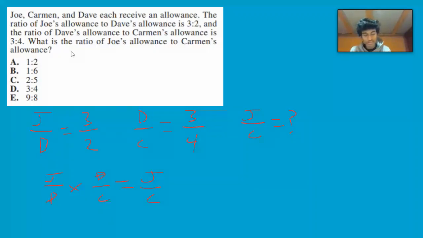So all we need to do to find J over C is take J over D, which is 3/2, times D over C, which is 3/4. We get an answer of 9/8. So therefore, the ratio of Joe's allowance to Carmen's allowance is choice E, 9:8.